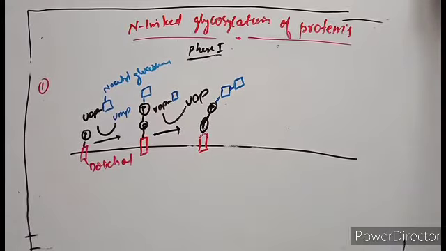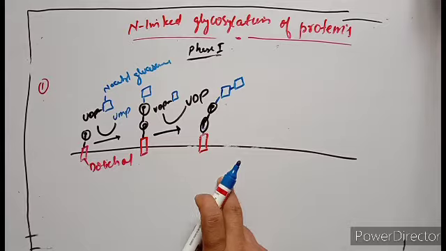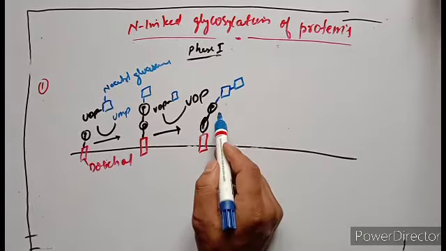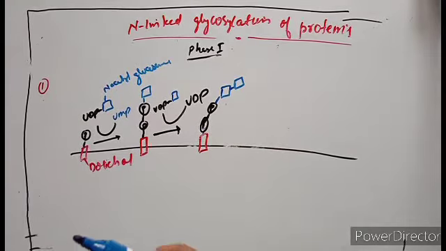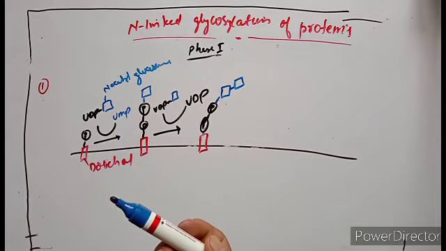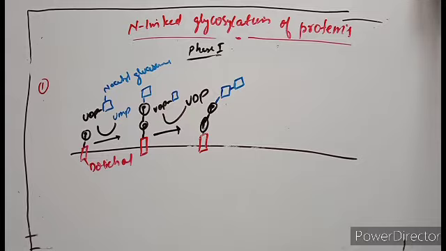So 2 N-acetyl glucosamine are attached to the dolicol molecule embedded in the ER membrane. The sugar and dolicol form a pyrophosphate linkage. Then next, 5 GDP mannose residues are attached to the N-acetyl glucosamine disaccharide. These steps are performed by glycosyl transferase. Okay.